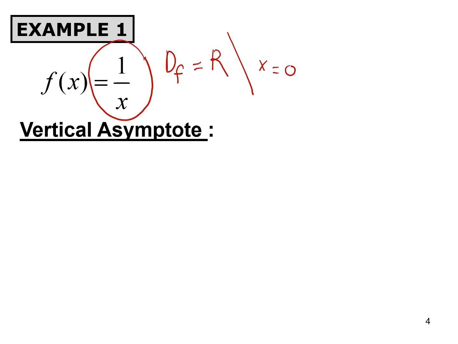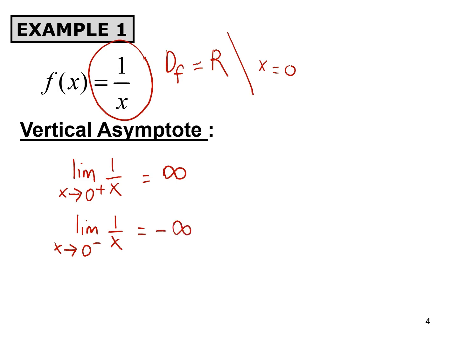To find the vertical asymptote, we test the limit for the function given, 1 over x, when x tends to 0 from the right, which is equal to positive infinity, and the limit of 1 over x when x tends to 0 from the left equals negative infinity.